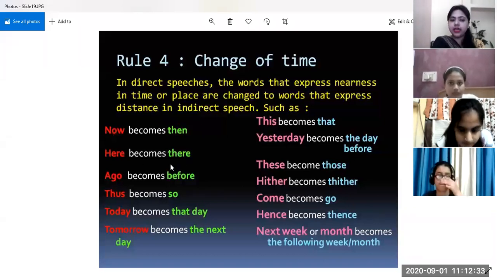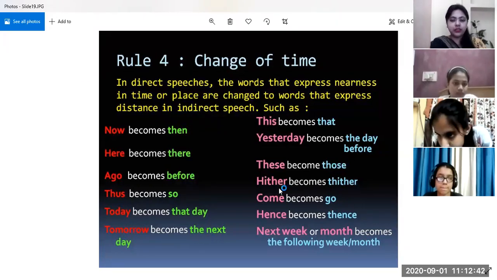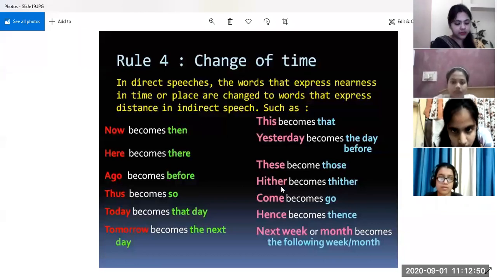Here becomes there, ago becomes before, thus becomes so, today becomes that day, tomorrow becomes the next day, this becomes that, yesterday becomes the day before, these becomes those. Either becomes neither, come becomes go, and hence becomes thence.